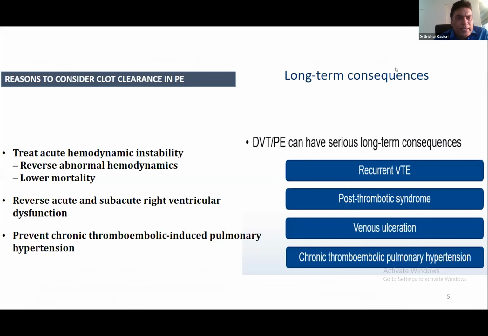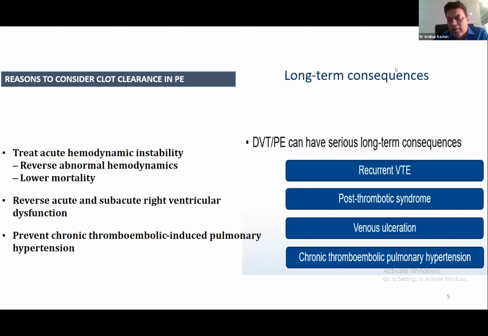So the reasons to consider clot clearance, why it's very important, particularly if it is a very massive thrombus: it treats the acute hemodynamics and reverses the abnormal hemodynamics, because flow is better and the preload and afterload on the RV will be lower. It lowers the mortality rate, reverses acute and subacute right ventricular dysfunction, and prevents chronic thromboembolic pulmonary hypertension.